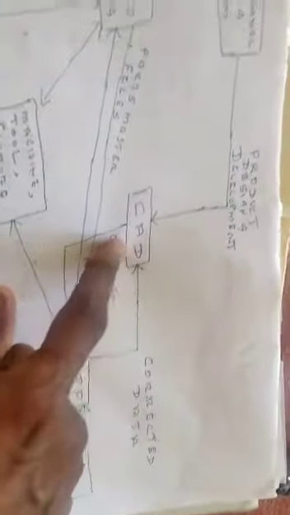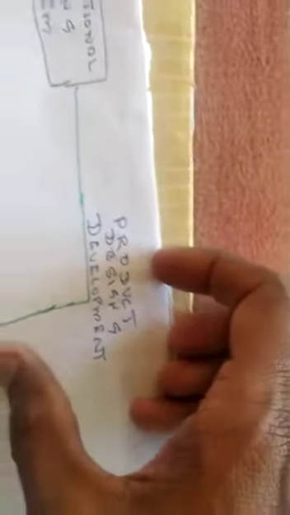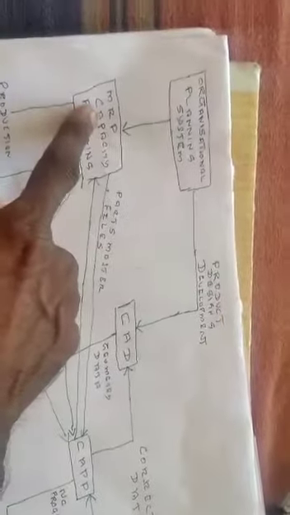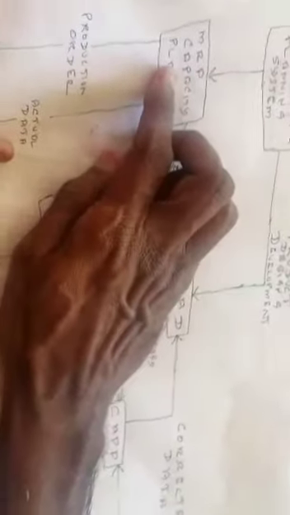CAD, that is computer aided design. The product design and development is given to the CAD department from the organizational process planning. Then they check the MRP, that is material requirements planning. Then it goes to the CAM department, that is computer aided manufacturing, CNC, what I told just now. That is where we get the production order.